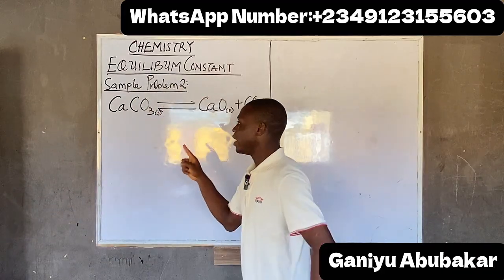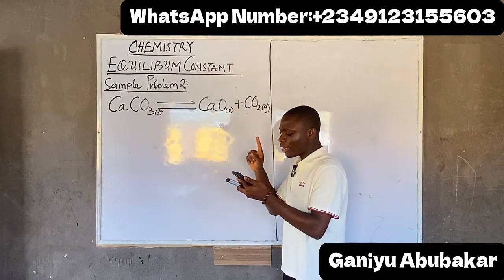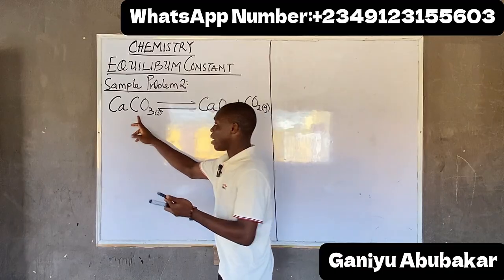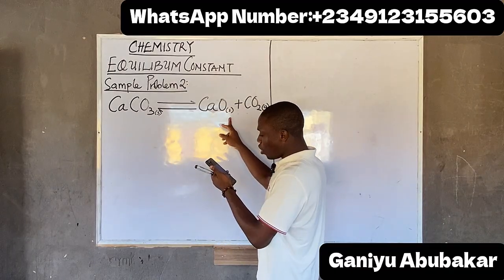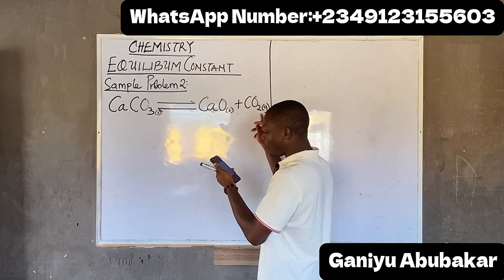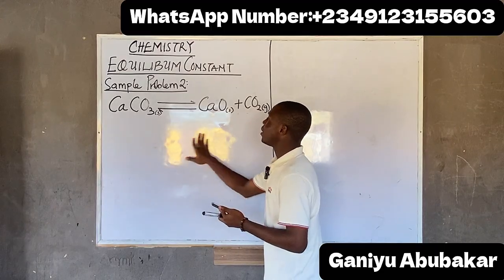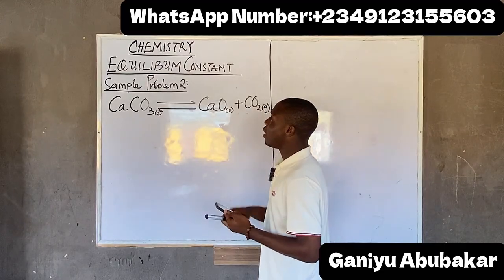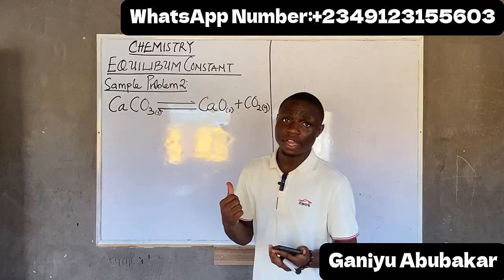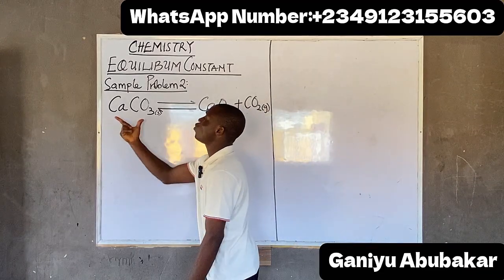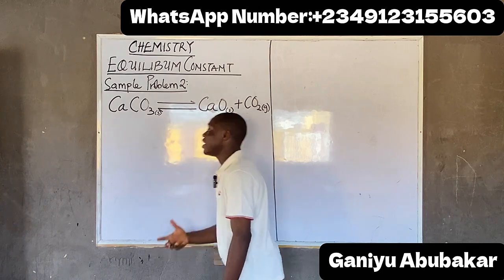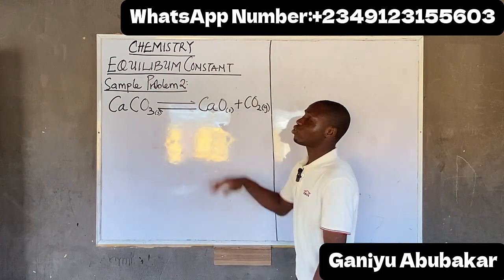So in this case here, we're given calcium carbonate with calcium oxide, also with carbon dioxide. So we are given these three compounds undergoing a chemical reaction. By the way, this one here is your reactant side, and this one is your product side.